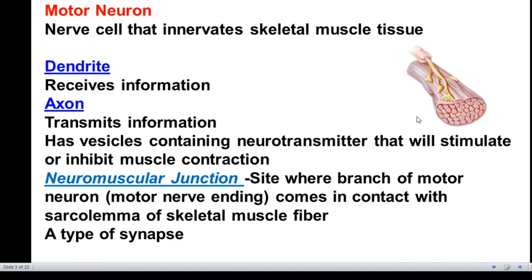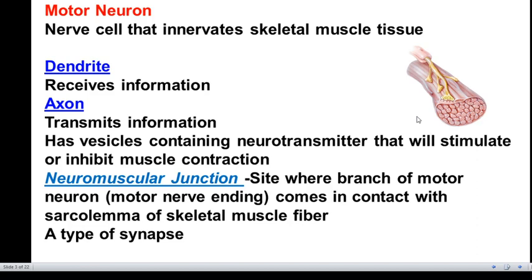The neuromuscular junction is also called the motor end plate, meaning the nerve ending that innervates skeletal muscle tissue. The invaginated membrane of the nerve fiber is called the presynaptic membrane, while the membrane of the muscle in contact with the end plate is called the postsynaptic membrane, which is a highly folded structure.